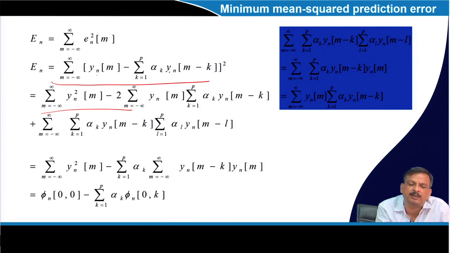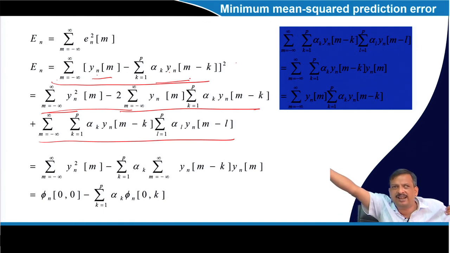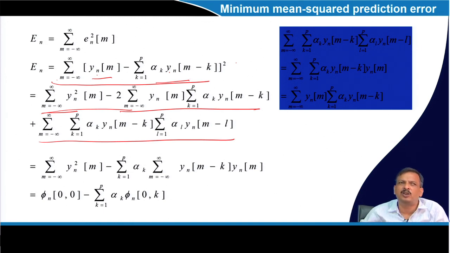So (a−b) whole square is a square minus 2ab plus b square. The summation over m equal to minus infinity to infinity of (a−b) whole square. Let the signal be of infinite length. So a square minus 2ab plus b square, where this is the first b and this is the second b.